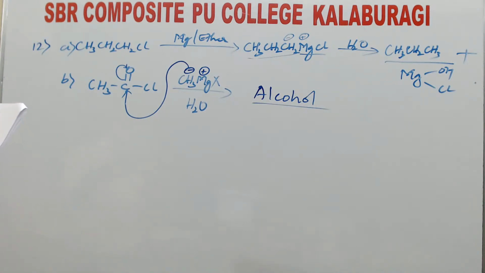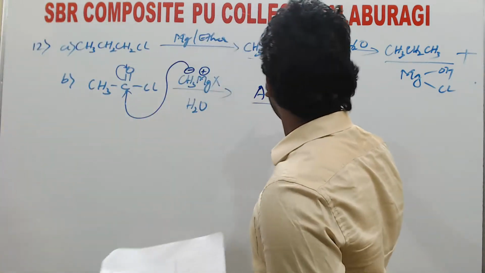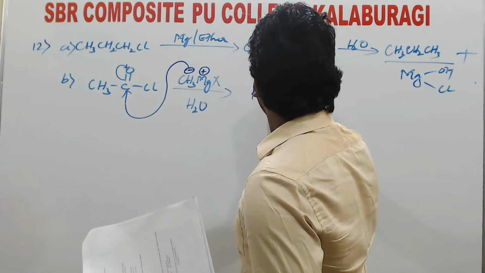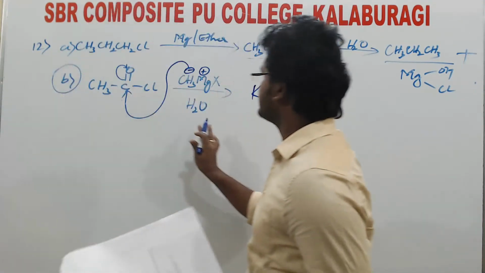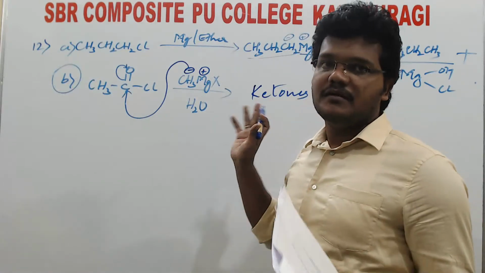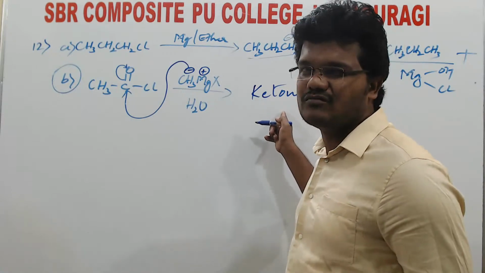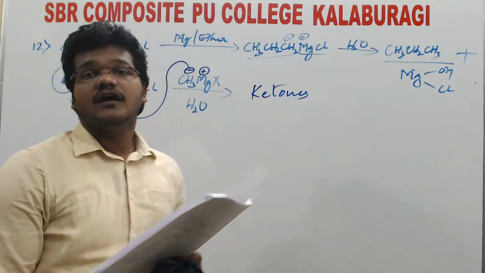Acetyl chloride forms ketones, not alcohols. So that is why, by using the second reaction, I won't get propane. My intention is to get propane, but here I'm getting ketone. So option B will not give you propane.